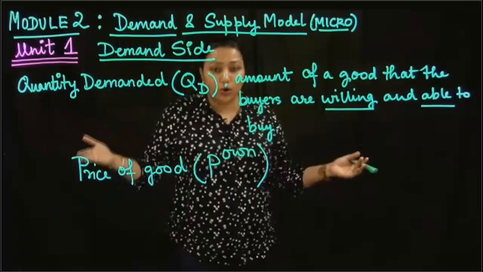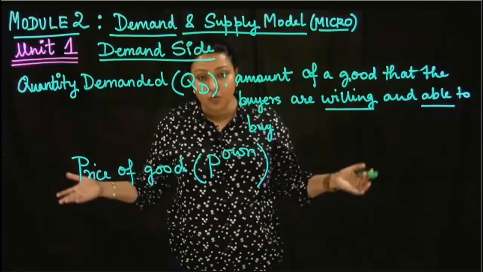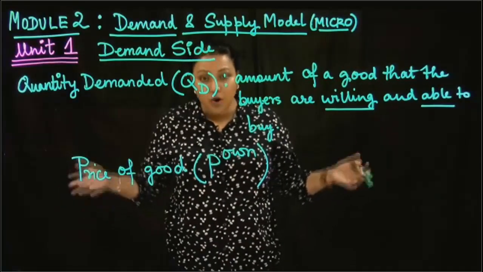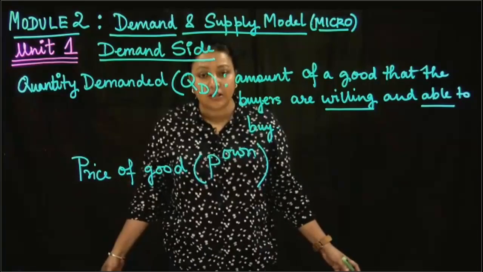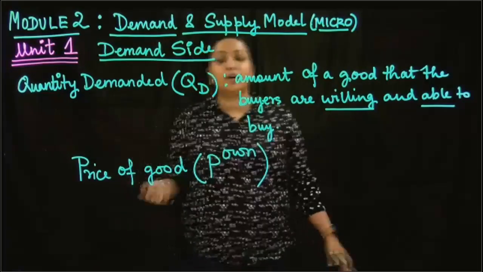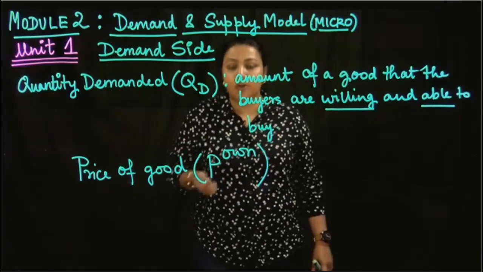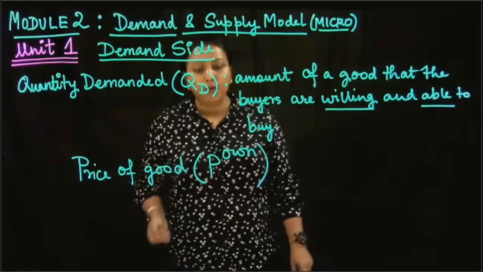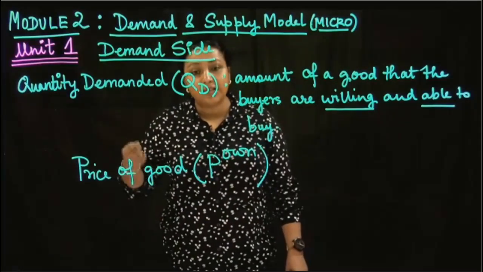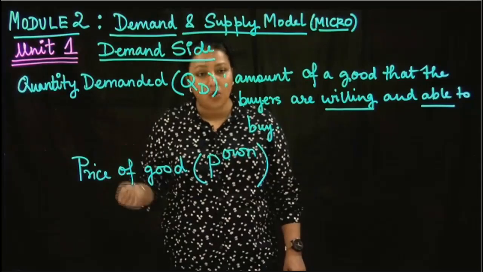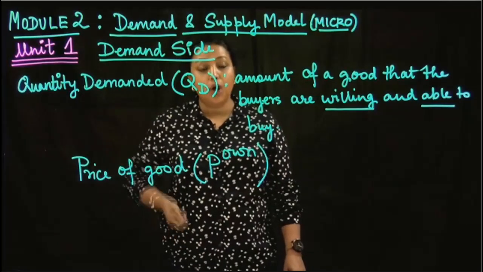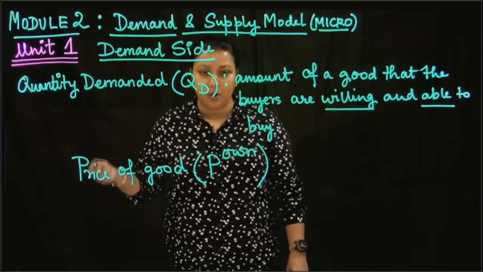Now let's come back to the relationship between quantity demanded and own price of the commodity. Think about your own behavior in a market. If you walk into a market and you want to buy, let's say, a pair of jeans, you are willing to pay a certain price for that pair of jeans. Now if you get to know that the price has gone down, there is a discount being offered, then you are willing to buy more of the commodity.